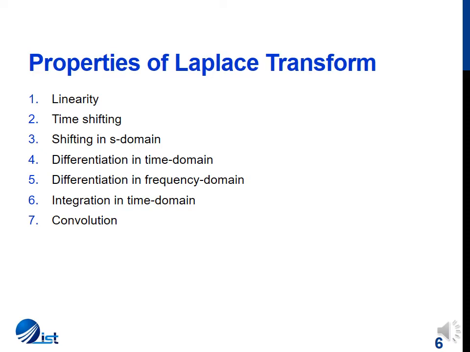For example, for the linearity property, we saw that Laplace transform is a linear operation. So the Laplace transform for a sum of several functions is equal to the sum of individual Laplace transforms for each of these functions. But what happens to the ROC? The ROC is the intersection of all these ROCs.